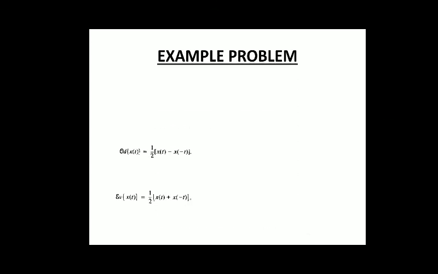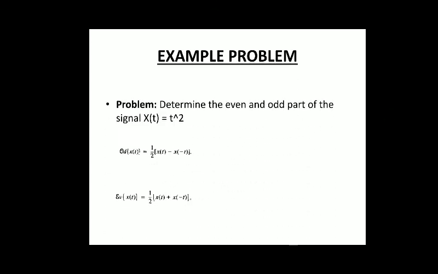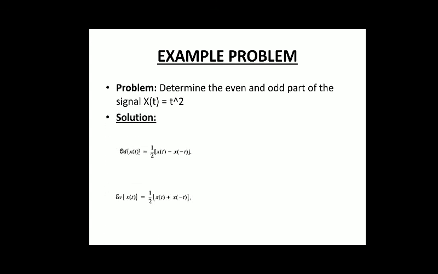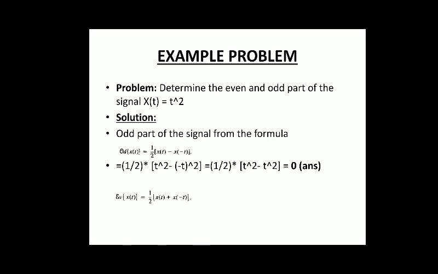So let's do an example problem. The problem is, determine the even and odd part of the signal. So what are the even and odd parts of a signal? Any signal in the universe can be represented as a summation of its odd part and its even counterpart.